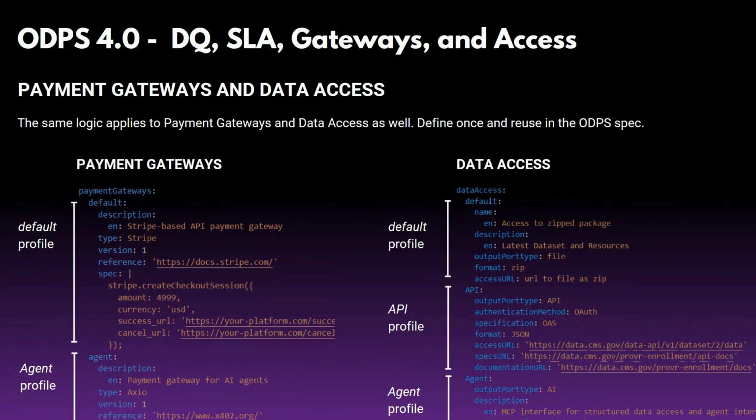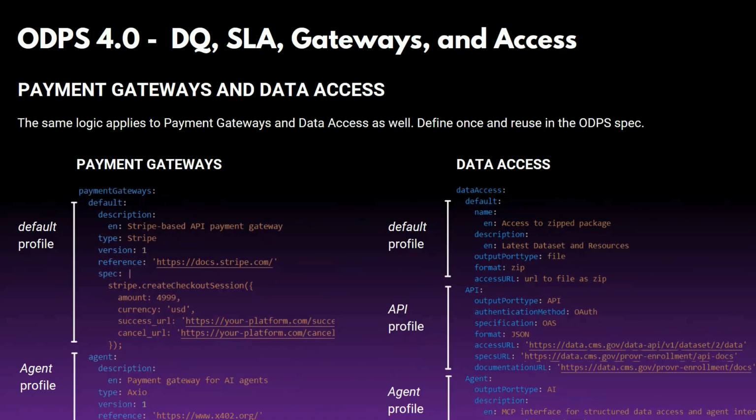And then for the agents, you might need to have a different kind of payment gateway. Most likely it's not optimal to provide them the Stripe kind of a way, which is intended for humans. But you might want to offer an AI agent specific one, more tuned for their processes and methods of working with your data product.